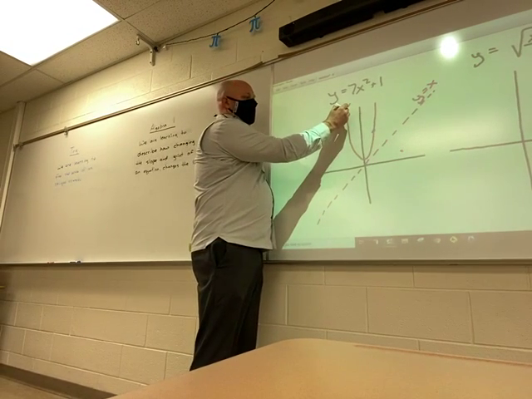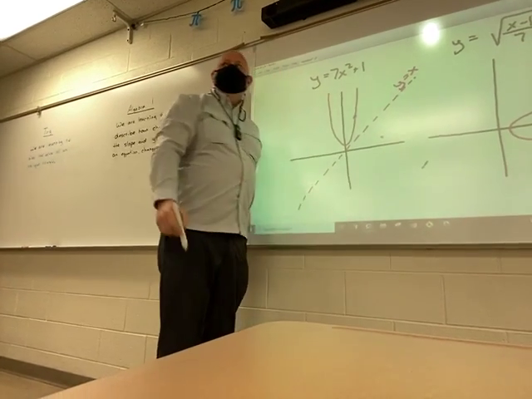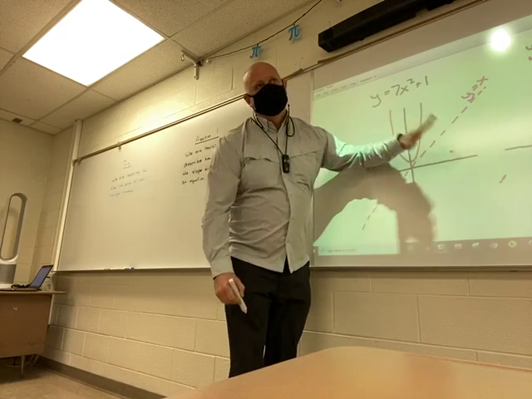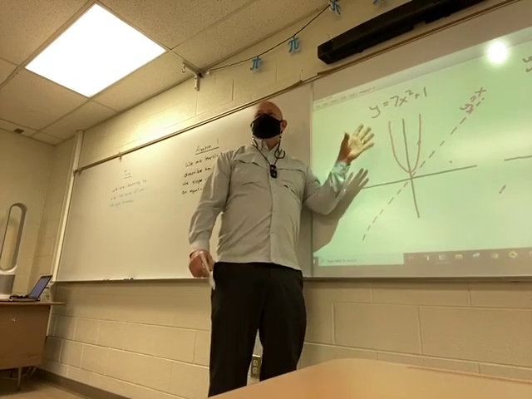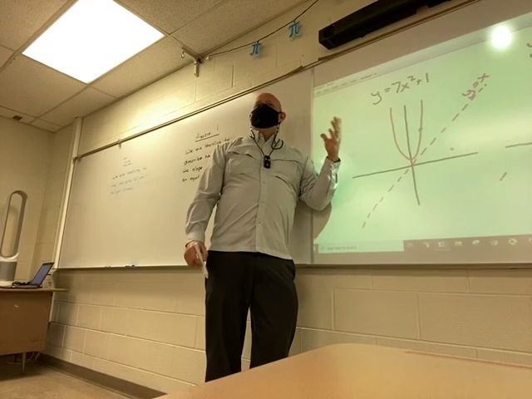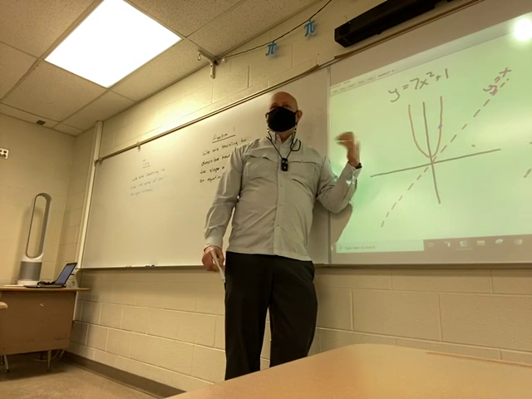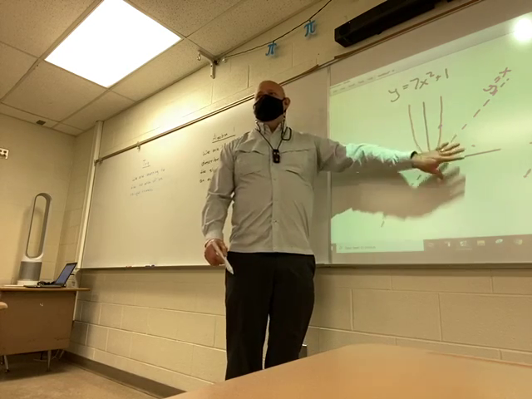This point up here gets reflected and it ends up down there. Okay? Basically, the y-axis becomes the x-axis. This is true for all inverse functions. This is something actually you should already know. Like you should have talked about this kind of concept in Algebra 2 of how the graphs relate.